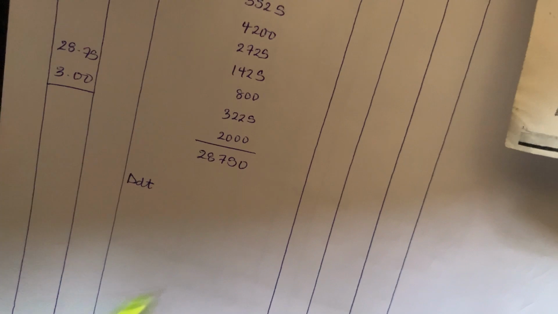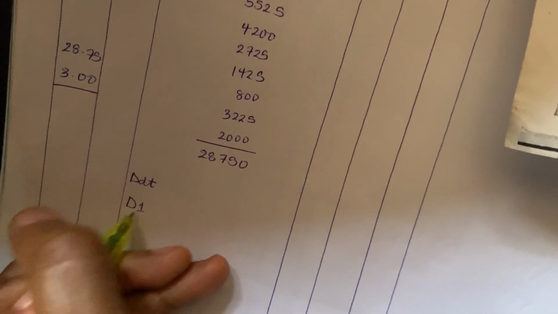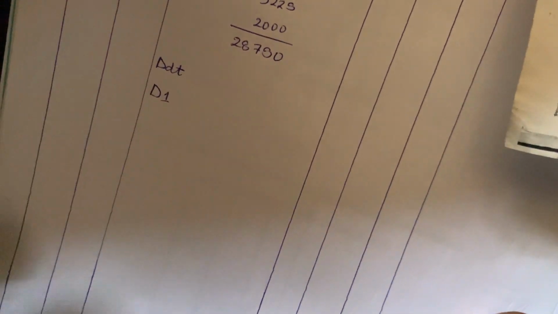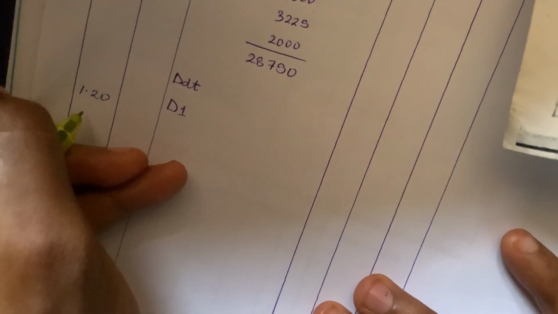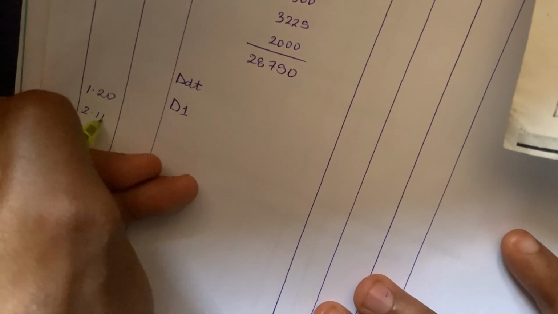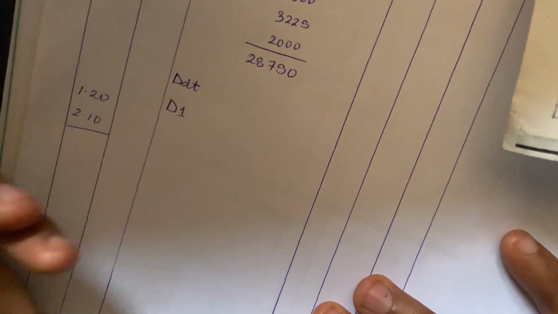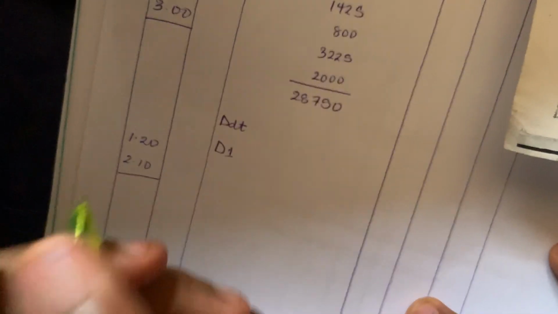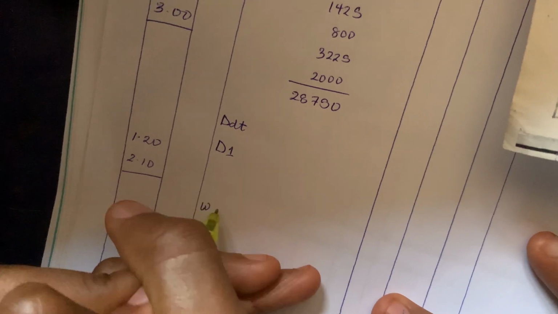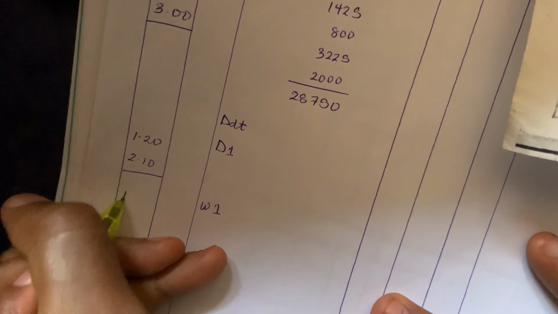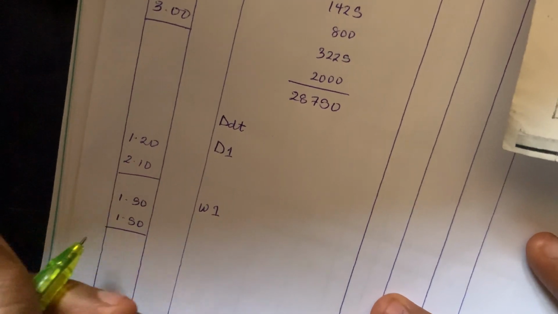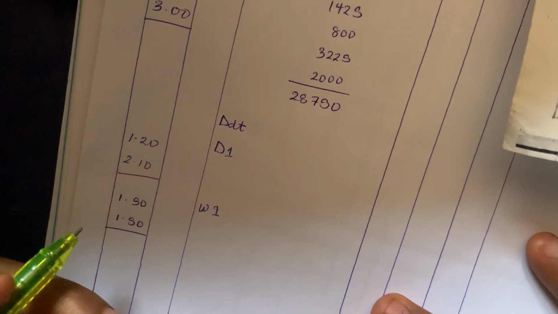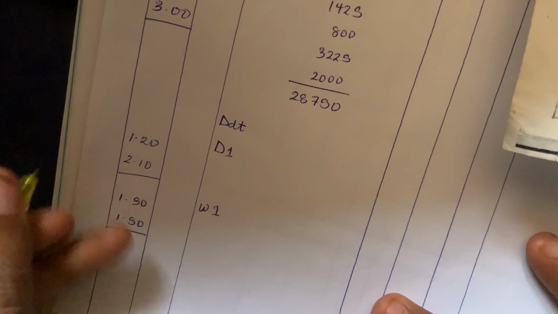The first one we'll see is door 1, and the dimension of door 1 is 1200 as 1.20 by 2.10, and then we close. The next one will be window 1, and the dimension is 1.50 by 1.50, and then we close. How many window 1s can we see in this plan at that area? 2.